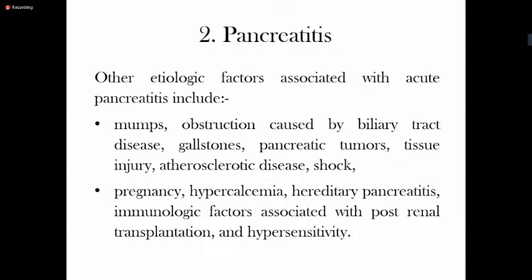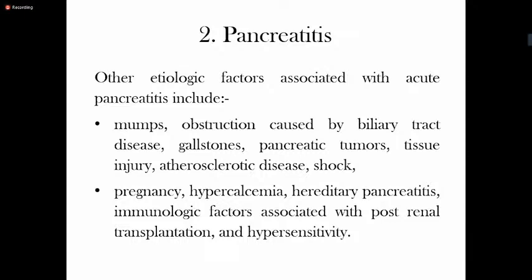The other etiological factors for acute pancreatitis are infections, including viral infections, and then we have obstruction of the biliary tree, gallstones, pancreatic tumors, tissue injury, atherosclerotic disease, and maybe shock. So these are all associated with pancreatitis.